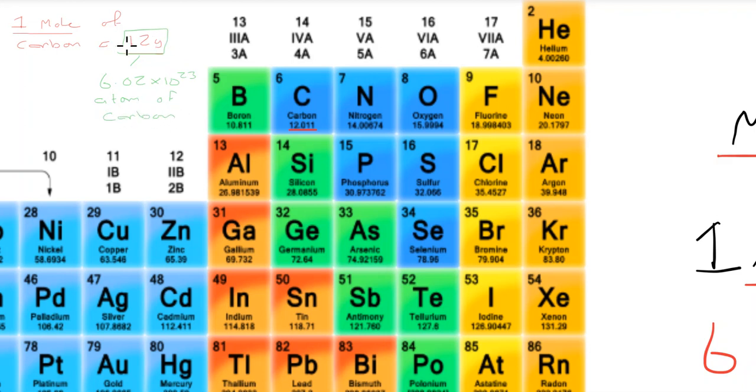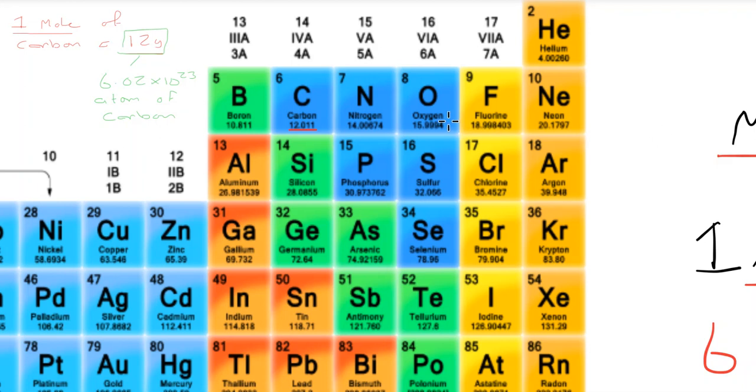So if you weigh out 12 grams of carbon, within that sample, within that mass of carbon that you weighed out, you're going to have 6.02 multiplied by 10 to the power of 23 atoms of carbon.